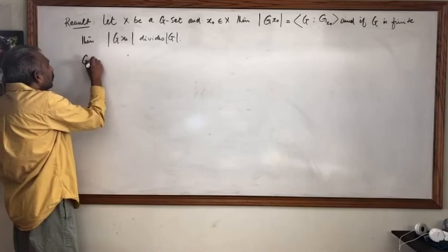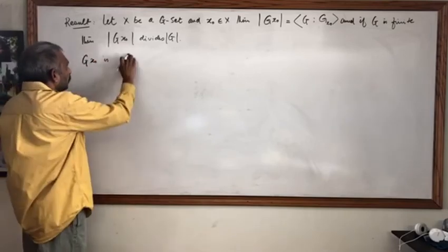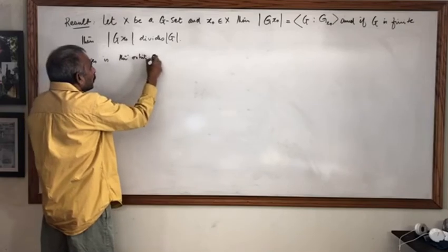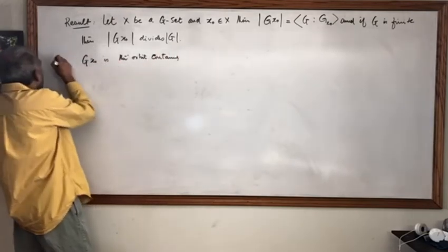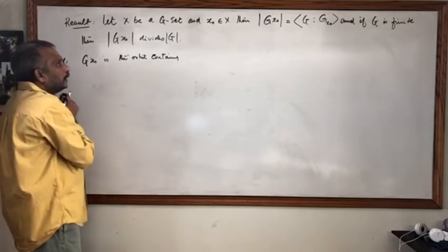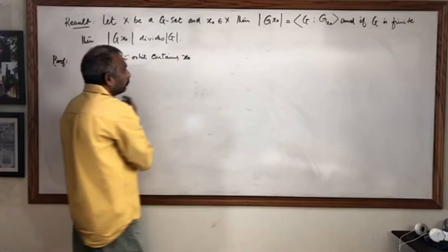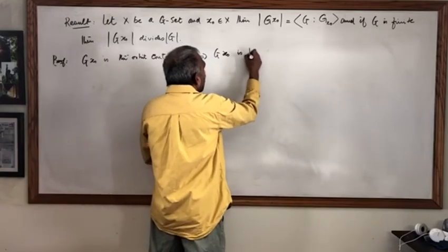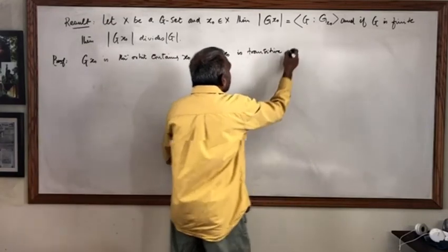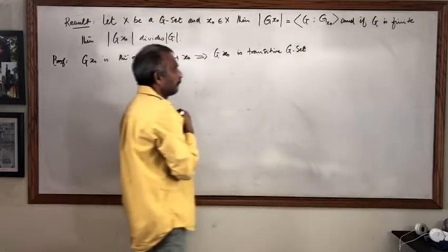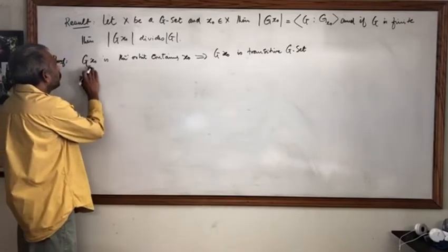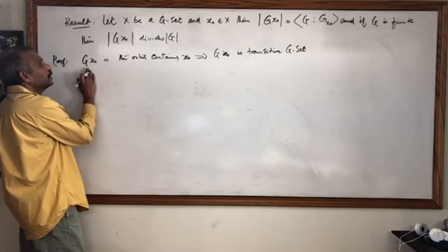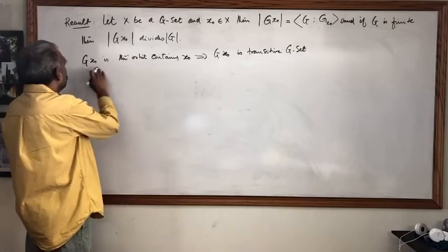Gx0 is the orbit containing x0, and that implies Gx0 is a transitive G-set, because every two elements in Gx0 are connected, connected in the sense that one can be reached using the other from an action.